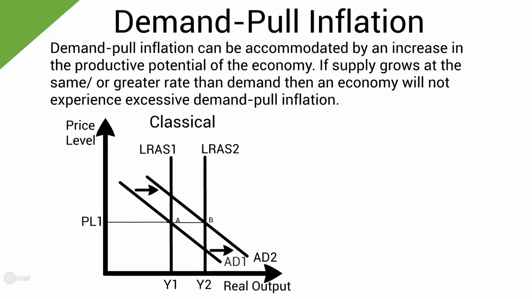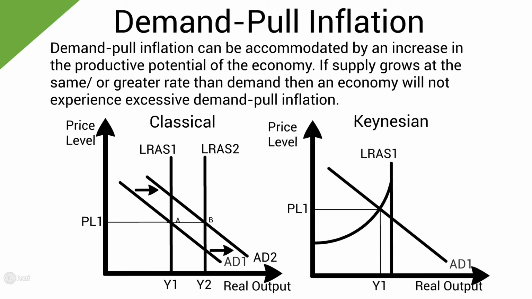We can also show demand pull inflation being accommodated by supply side policies on a Keynesian aggregate demand, aggregate supply diagram. Initially, our economy is producing a real output level of Y1 at a price level of PL1. Then our economy experiences an increase in aggregate demand, AD1 to AD2.